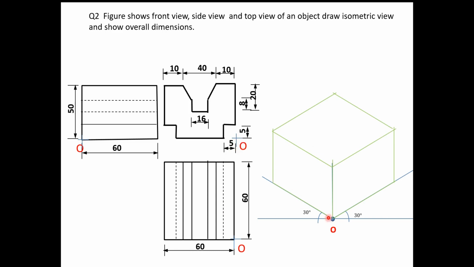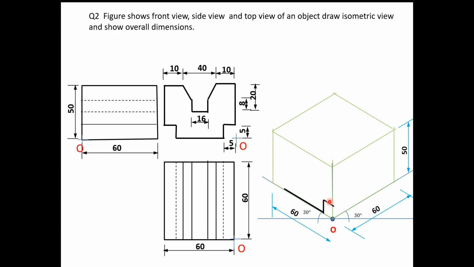From origin leave 5 mm distance and start the line. First give the dimensions. After that, from origin leave 5 mm distance. From this point draw this much line. Now how much is the length of this line? 60 minus 5 from this side. Next, this is 5 mm line.